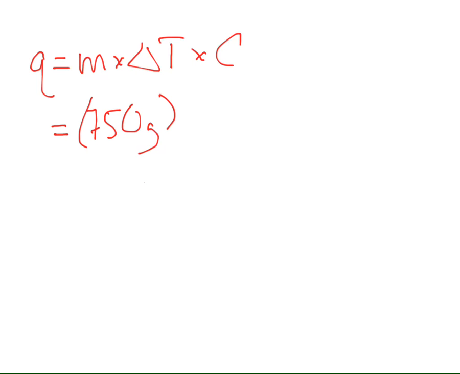I thought 750 grams. That's what I was thinking. Okay, delta T is the change, the final minus the initial. So what's the final? Where did the hot water bottle wind up? 37 minus the initial. It was at 65.